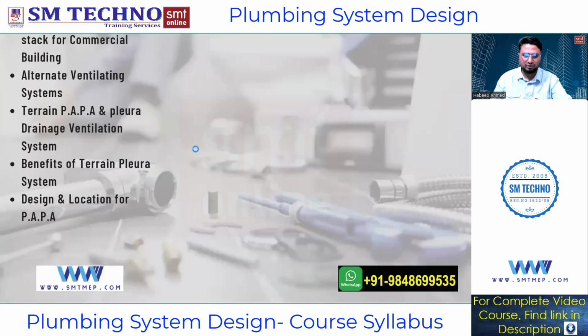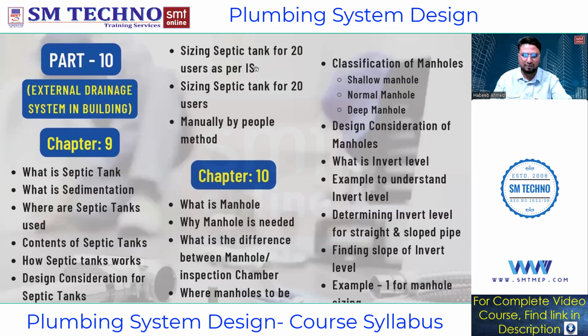Okay. We'll be using some examples. First of all, we'll be sizing the septic tank for 20 users as per Indian standards, I mean this code. So we are designing a septic tank for 20 users, then sizing the septic tank for 20 users manually by the people method.